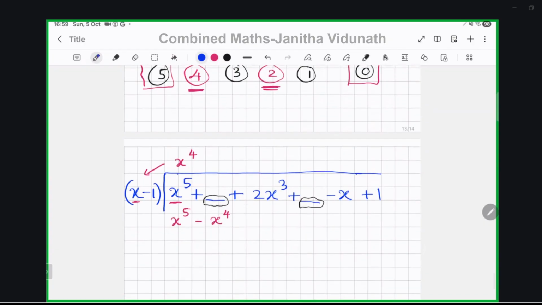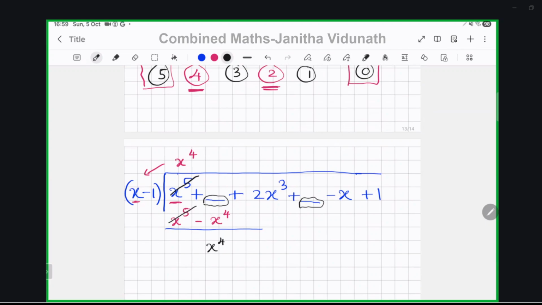Then we subtract those two. The x to the power 5 term is cancelled out.